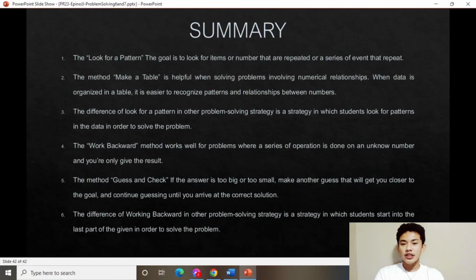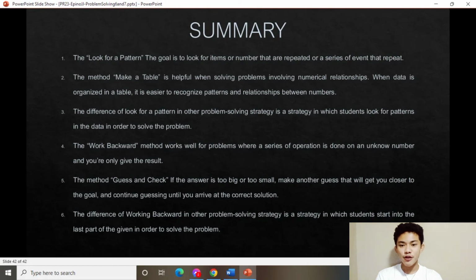Summary. First, look for a pattern. The goal is to look for a repeated event or series of events that repeat. Second, the make a table method is useful when solving problems involving numerical relationships. When data is organized in a table, it's easier to recognize patterns and relationships between numbers.